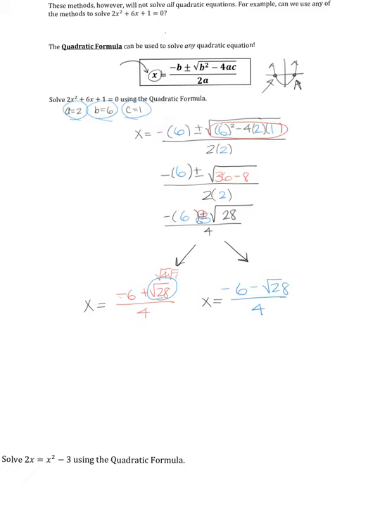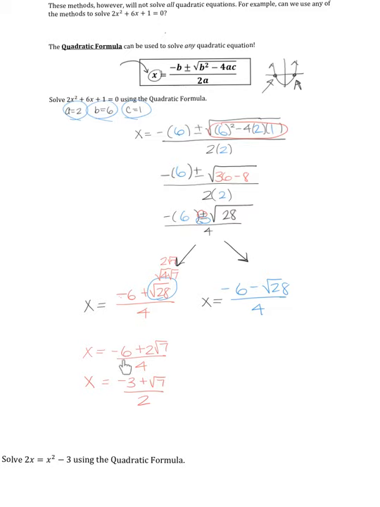The square root of 4 is 2, so we can rewrite the square root of 28 as 2 times the square root of 7, which would give one answer as -6 plus 2 square root of 7 over 4. Noting that we can actually reduce this answer because all terms are divisible by 2. So dividing everything by 2, our final answer would be x equals -3 plus square root of 7 over 2.